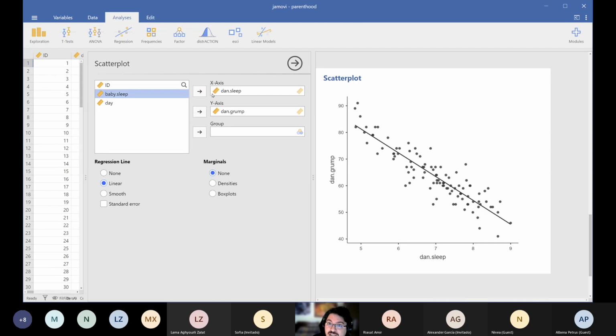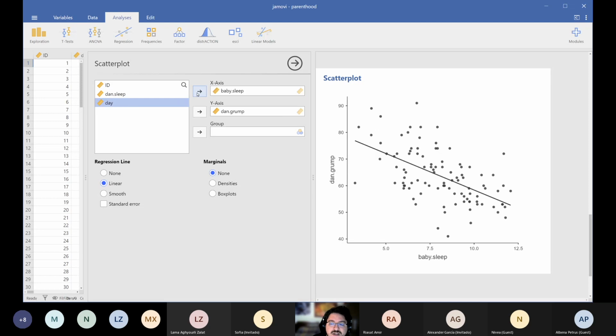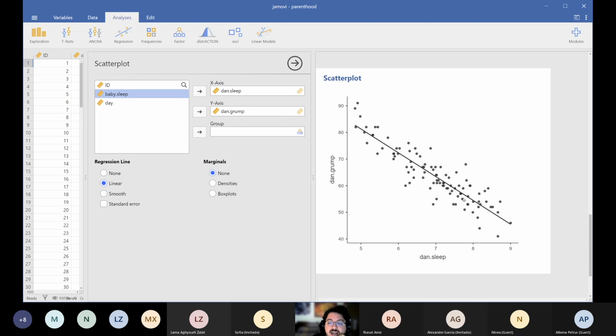So if you had to guess, just by looking at this, look at how the points hover around the line that we draw for Dan sleep as predictor of grumpiness, okay? And now of baby sleep. Okay, so the sleep of the parent probably is a way better explanation of the parent's grumpiness.